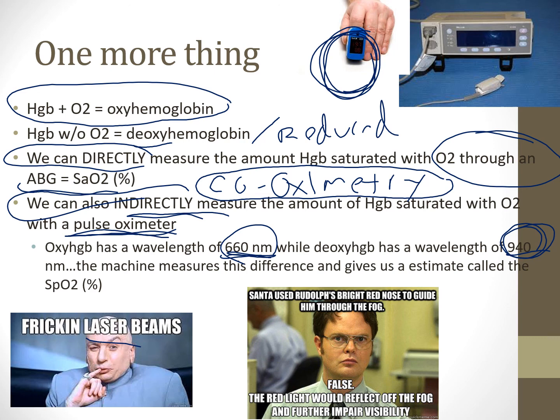The machine looks at the difference in the wavelengths and estimates this as your saturation level. So how well saturated your hemoglobin is with whatever gas could be on there, which we usually assume is oxygen. So it uses the light reflection in the photospectrometry to look at how bound the hemoglobin is.